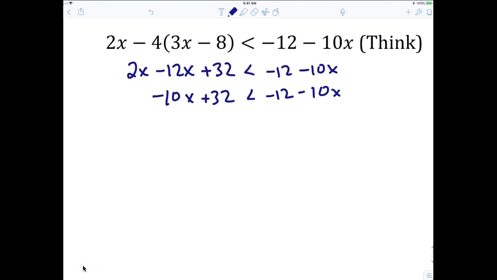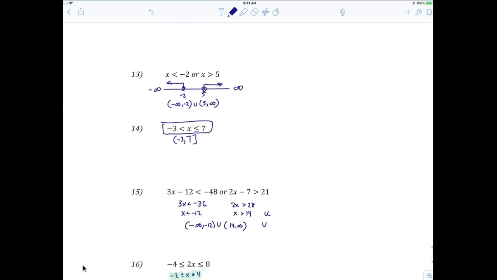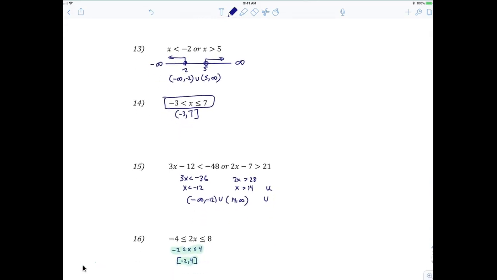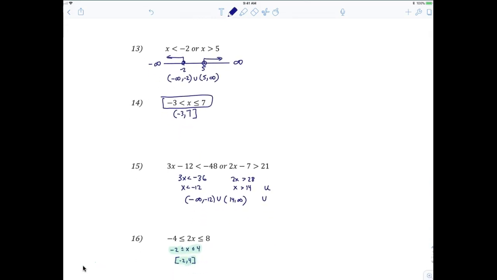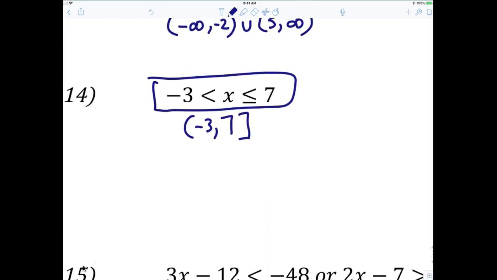No solution, right? Everybody happy with that? No solution. No, we're not. All right. I would like everybody to look at 13, or actually look at 14. All right, that makes sense. There's nothing really to do there, right? It's just, do you know the interval notation? Everybody okay with number 14?